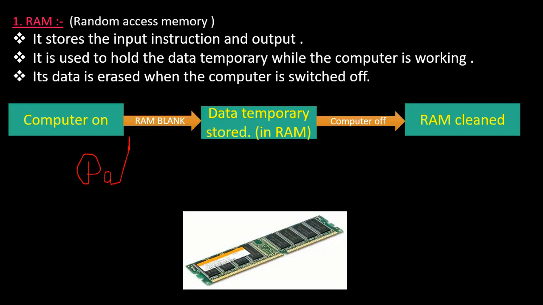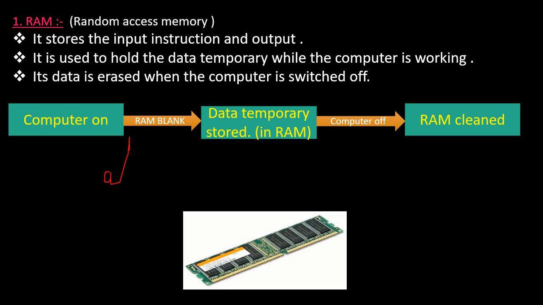It means your drawing was being saved temporarily in RAM, but as the laptop got turned off, the RAM cleared all its memory. Understood? So RAM saves data temporarily, and that's why nowadays we first ask for a laptop with higher RAM so that it can run applications smoothly and do multitasking.